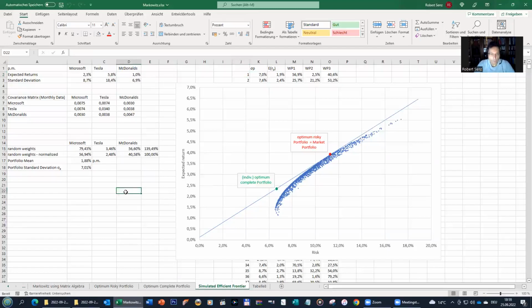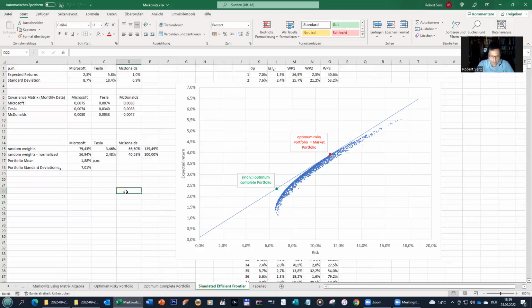So this is what I wanted to show you. I will upload the sheet and the video soon. Please walk through the spreadsheet and try to play around with 4 and 5 assets, and be aware of the fact that you shouldn't take the covariances for granted. They are not stable over time.